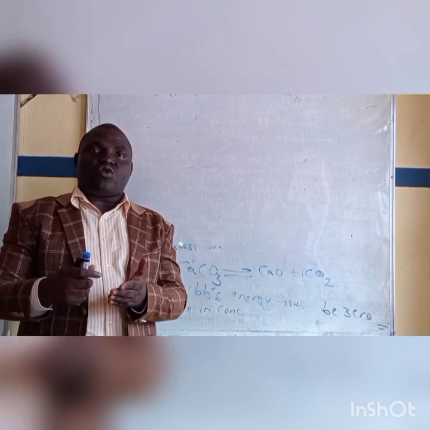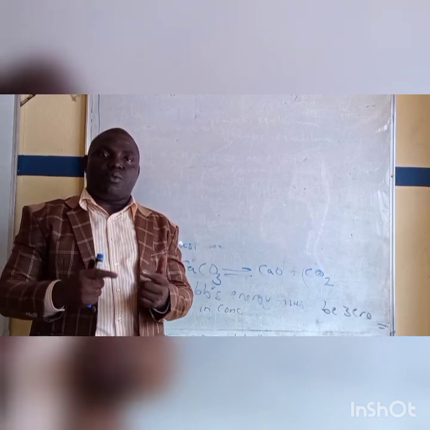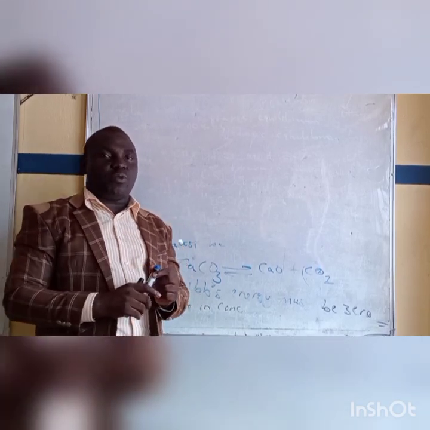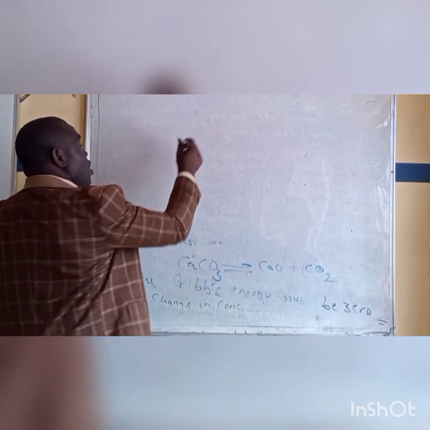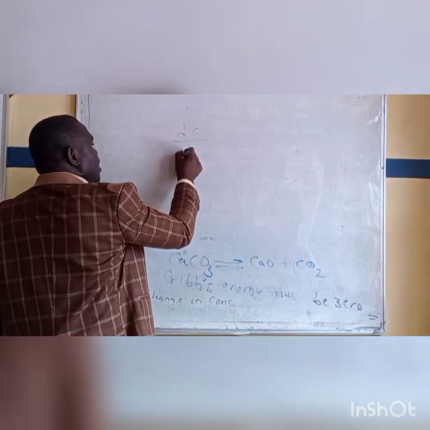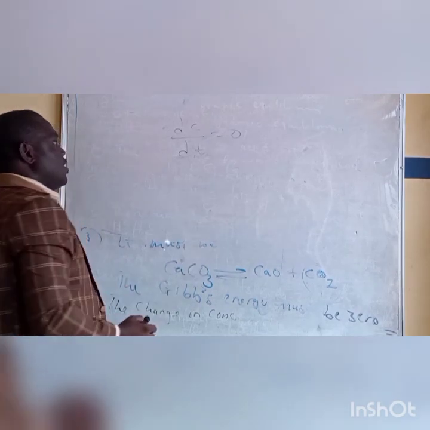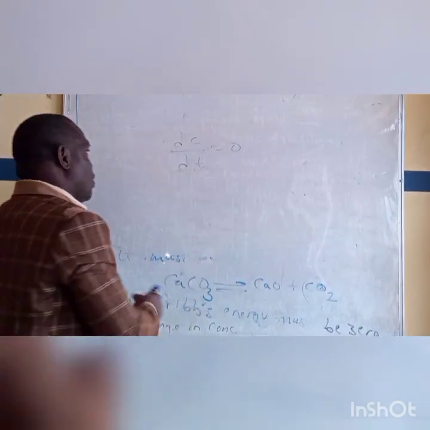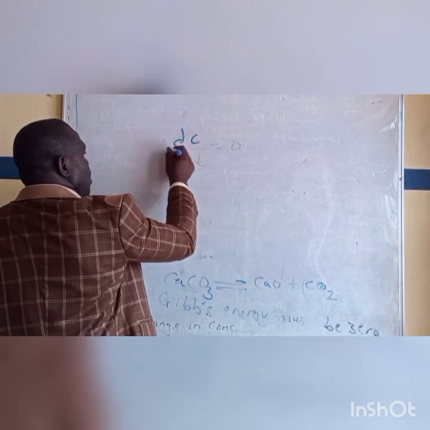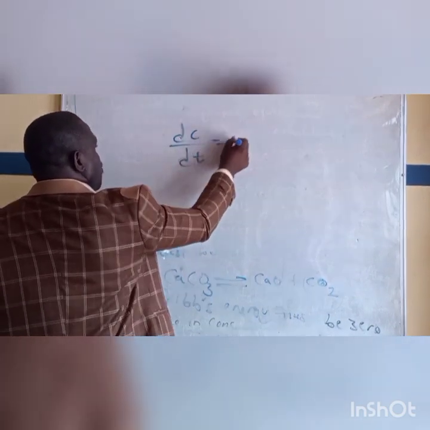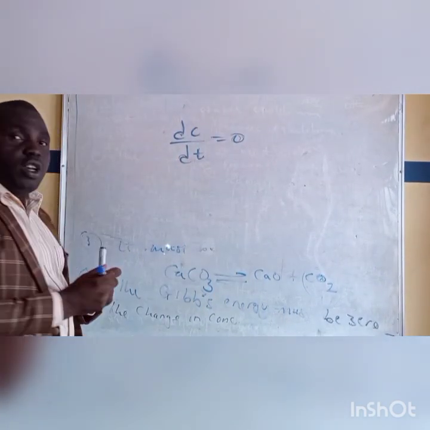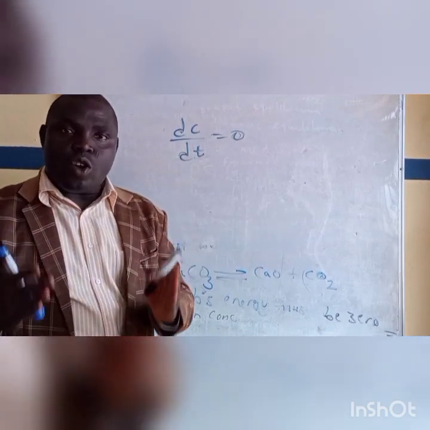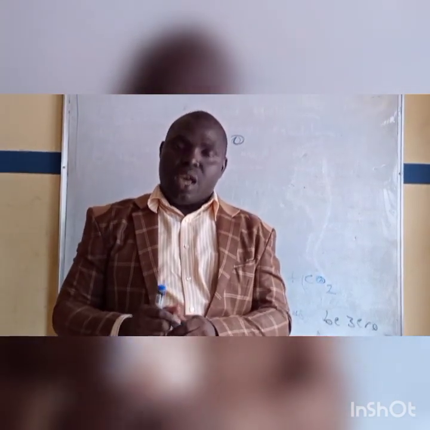That is dC/dt. For those who understand calculus, dC/dt must be equal to 0. So those are the conditions for chemical equilibrium.